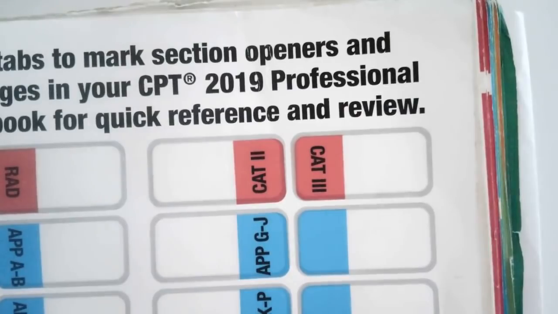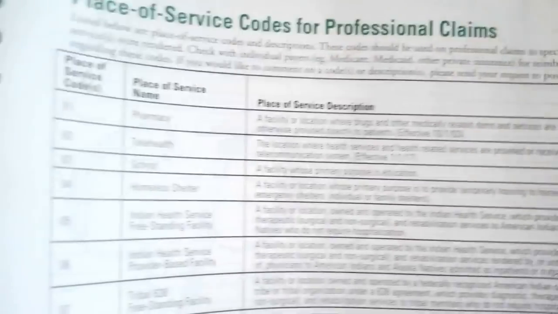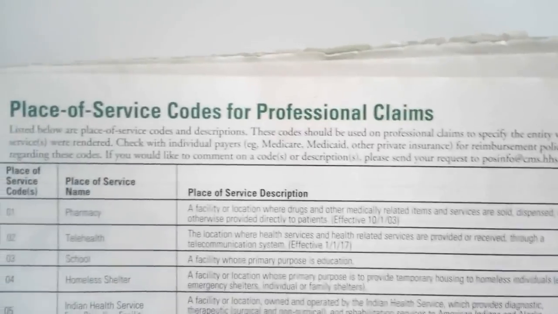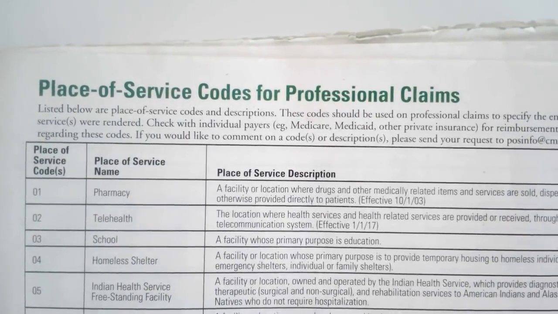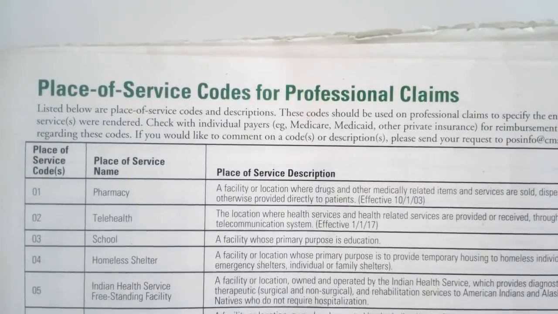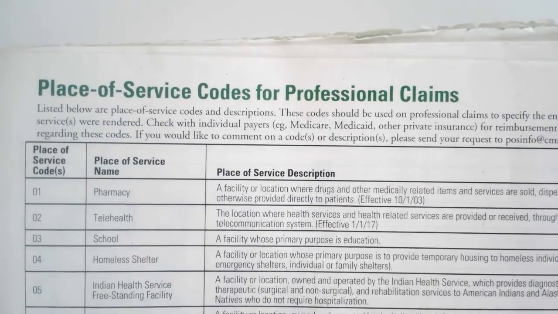All right, so after that, again, you have the tabs. I mentioned to you that I was not going to go over tabs. After that, and I am walking through the manual, guys, you have what are known as place of service codes for professional claims. So on the CMS 1500 or the HIPAA 837 form, whatever form or version you know the name by, it's the form that's actually used for professional claims.